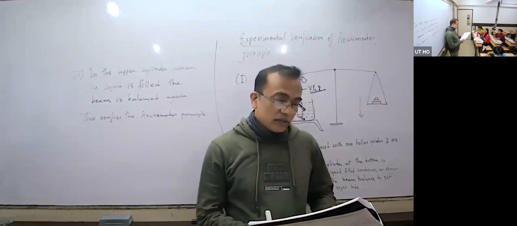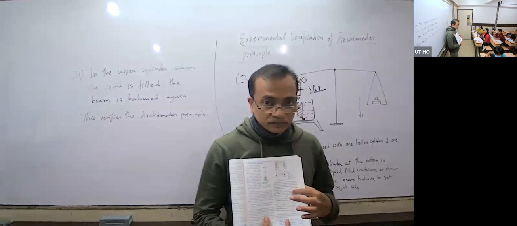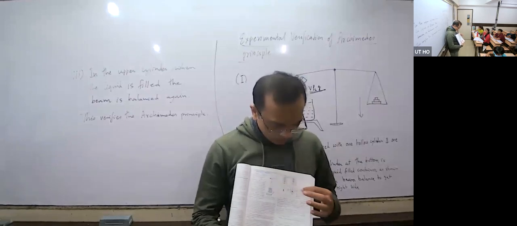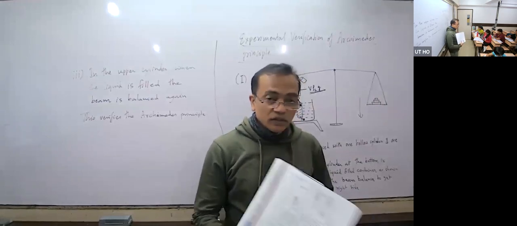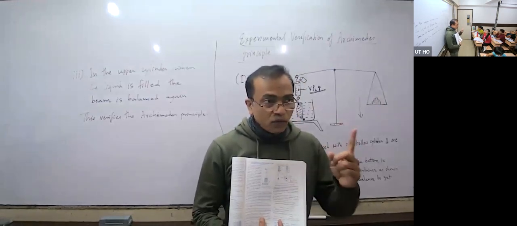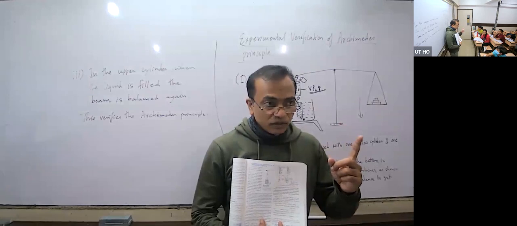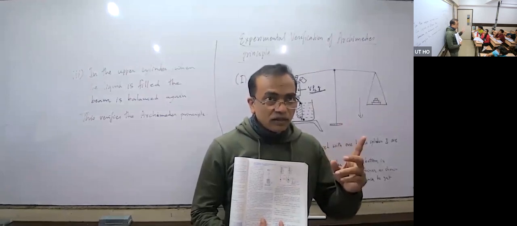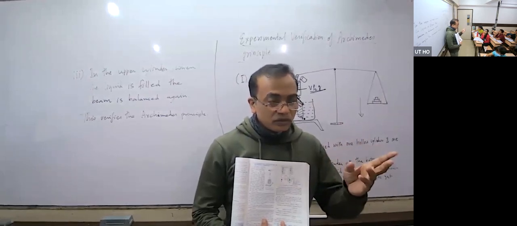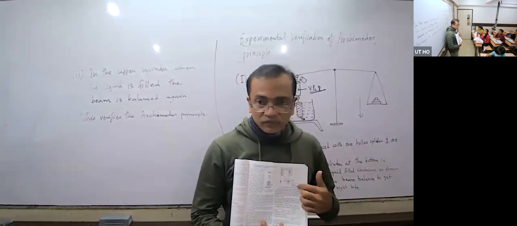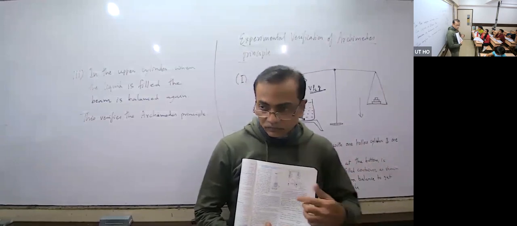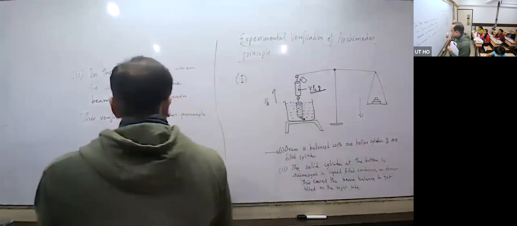So that displaced liquid is about 100 ml. Okay. So 100 ml, that is the volume, and density of water is 1 gram per centimeter cube. So 100 into 1 gram per centimeter cube, that will give you how much? 100 gram force. What is the weight?